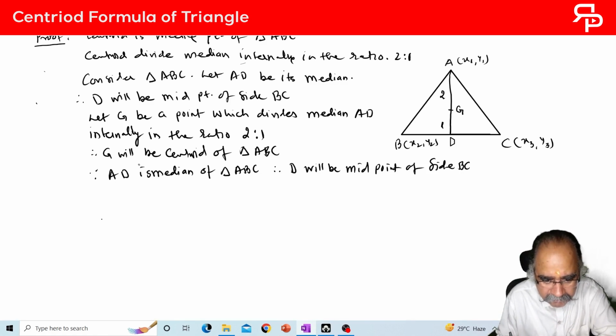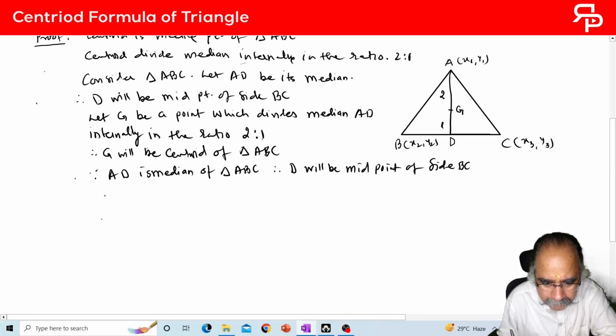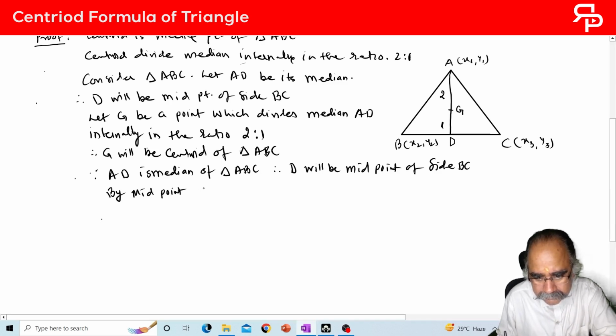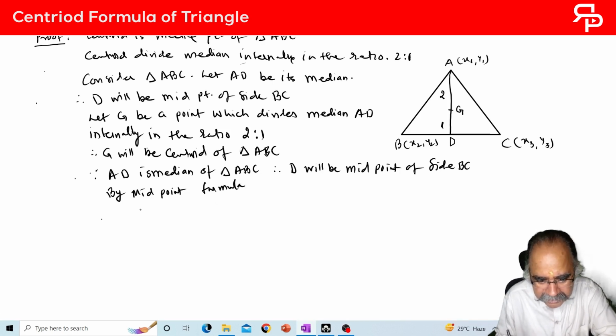By midpoint formula, in section formula for internal division, I have explained midpoint formula also. By midpoint formula, coordinate of D will be what?